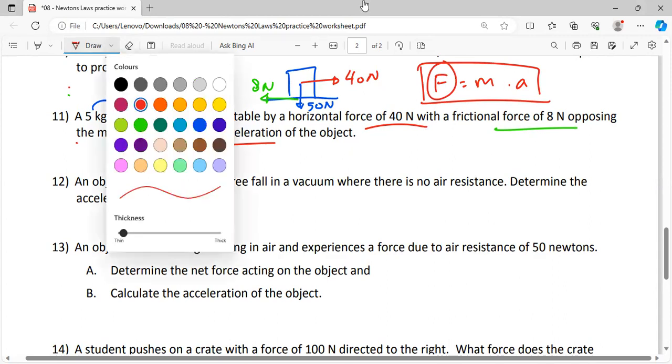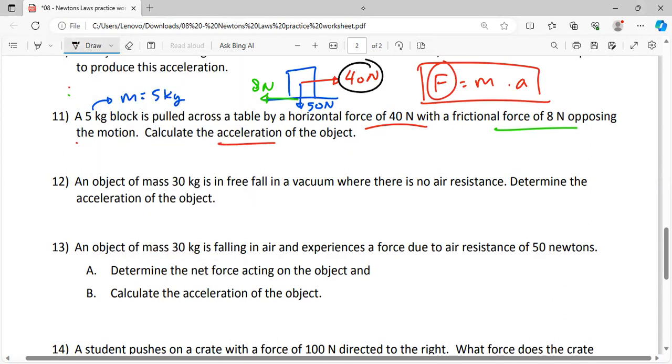It means the total force is 40 minus 8. So 40 minus 8 equals 5a. In this case, 32 equals 5a. So the acceleration here is 32 divided by 5. It's 6.4 meters per second squared.